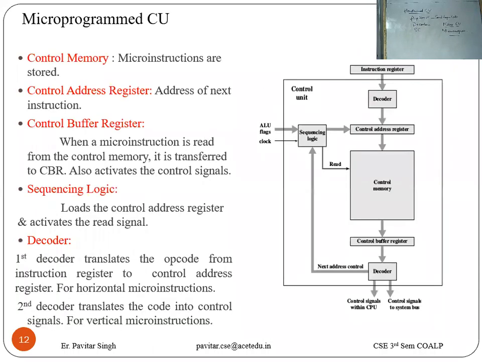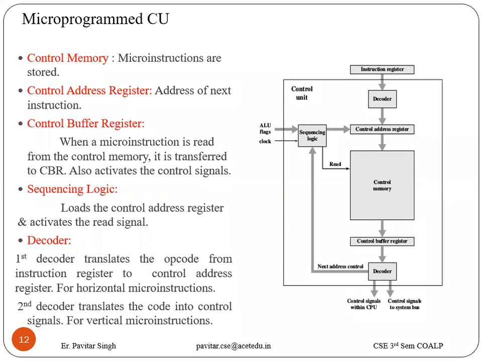So here you can see the diagram which is related to microprogrammed CU. Here again you have the instruction register, you have the decoder, you have the sequencing logic, and we have a special register which is called CAR. CAR stands for control address register.